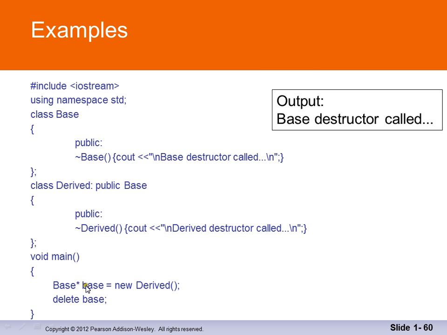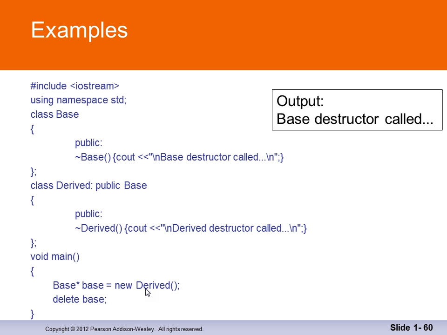Now, in main, we are creating a pointer of type base, yet the object that it's pointing to is not of type base, it's of type derived. So we have an object of type derived, and an object of type base which is pointing to it.